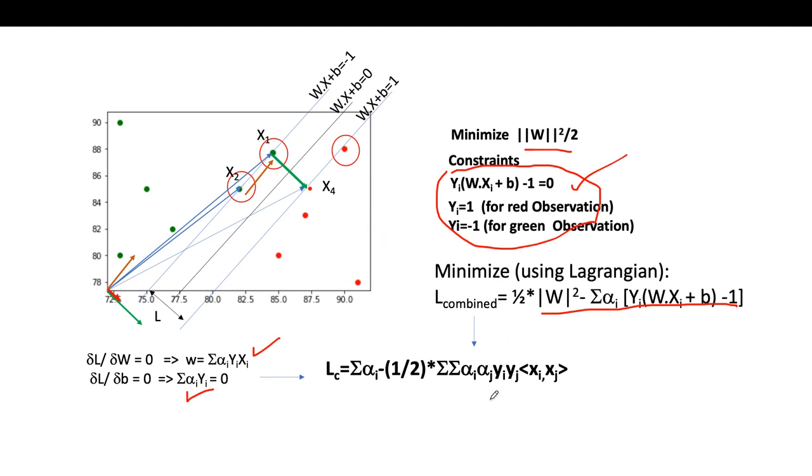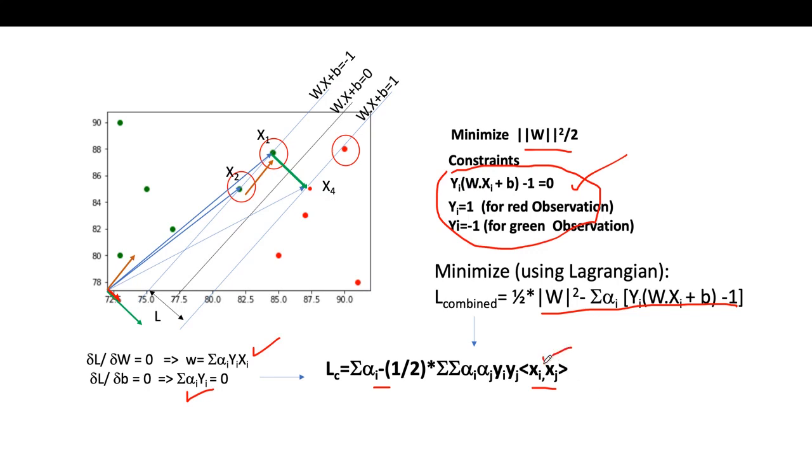Okay, so what do we see? So here we have a minus sign, right? And xi xj is the dot product. So if two classes are similar, then the dot products are higher, right?